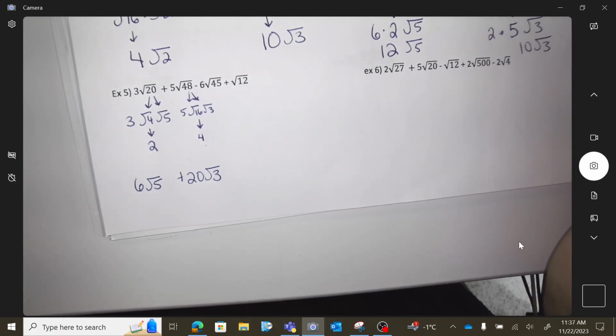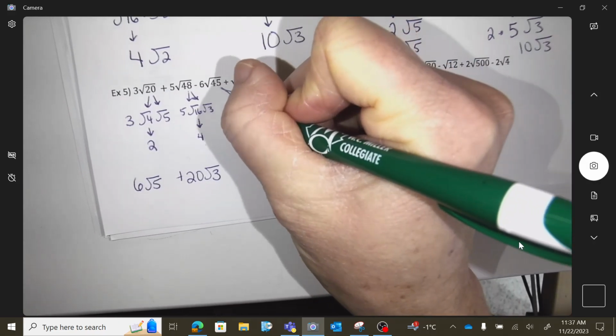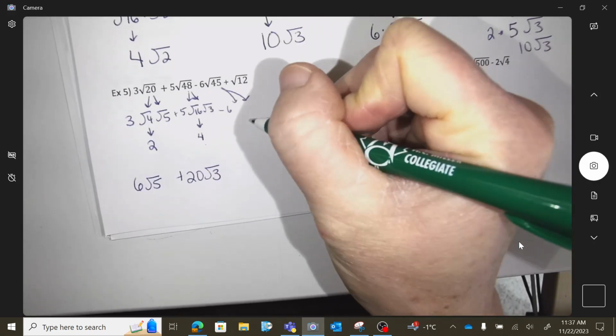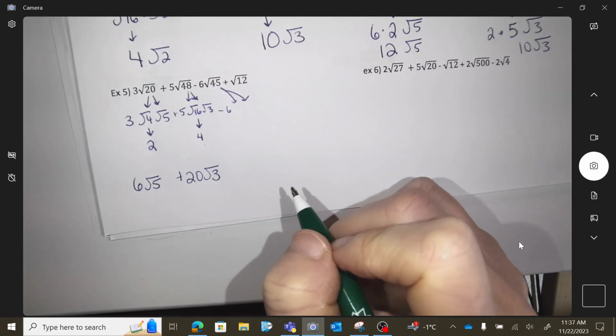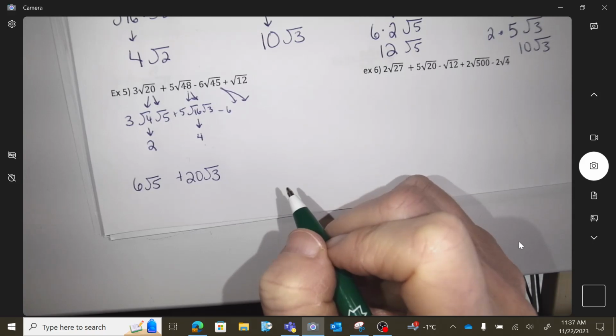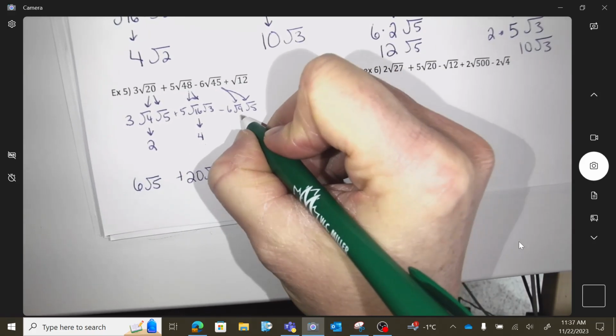So did you end up with a 20 in the front? 20 root 3? Okay, 45. What are you dividing 45 by? Do you have a number that it's divisible by? 9 times 5.